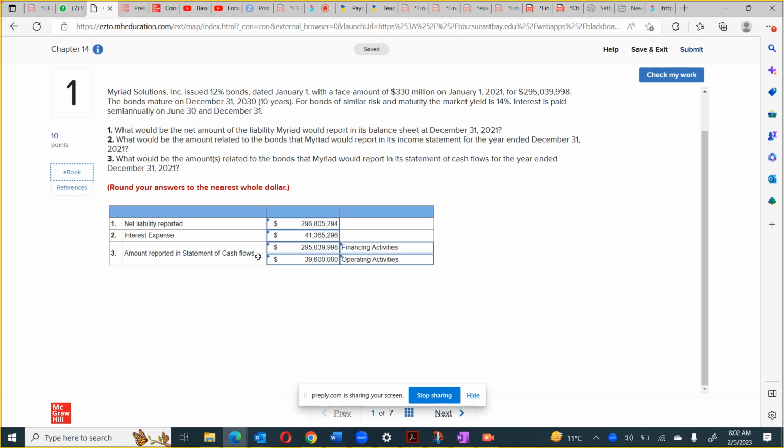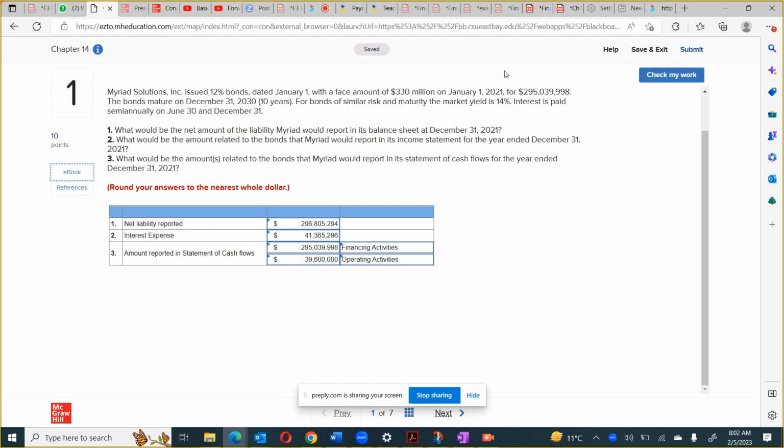Yeah, sure. So here we have adjusted the cash flow amount reported in cash flow. Remember, I told you that there are basically two types of cash flows involved. One cash flow is involved at the start of the period at the present value, and the second cash flow is the interest expense that is paid on a regular period.